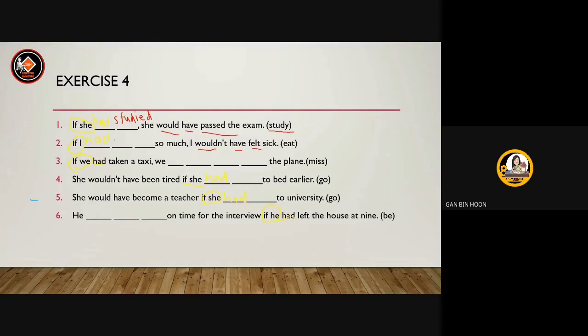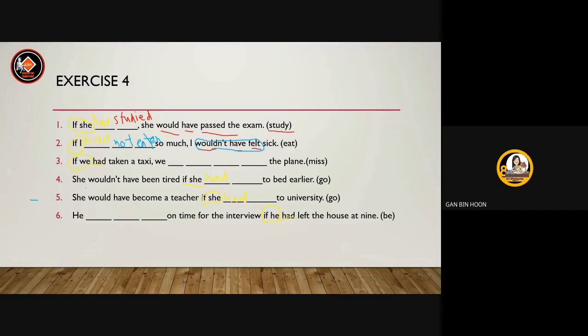So the answer will be if I had not eaten. Participle is eaten, good. Earlier eaten was correct, but you missed not. So the answer: if I had not eaten so much, I wouldn't have felt sick. So this is a possibility sentence. I would not have felt sick.